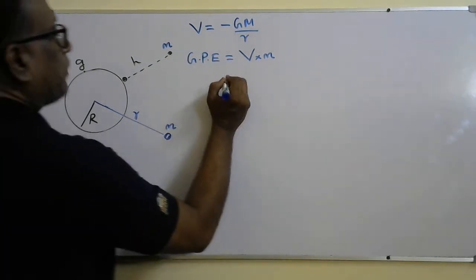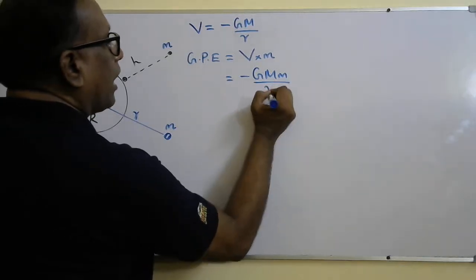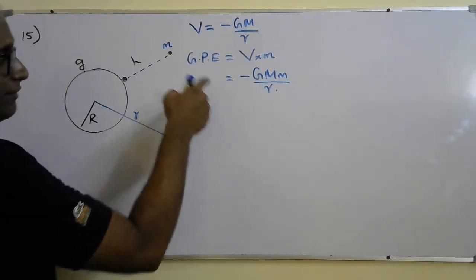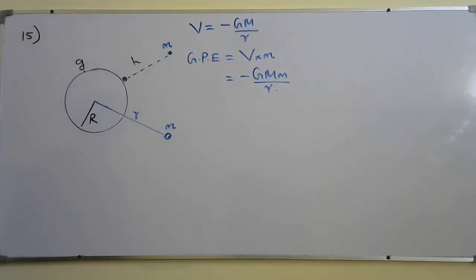So that is going to be minus GMm over R.